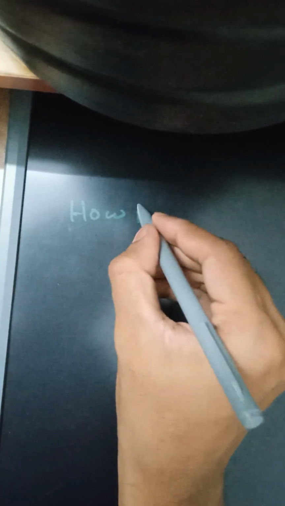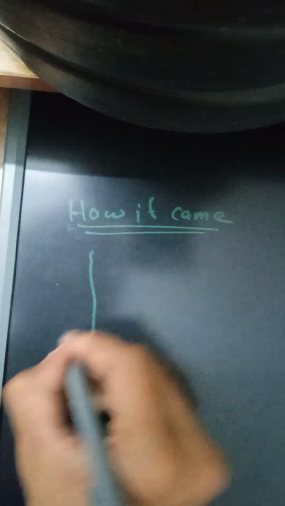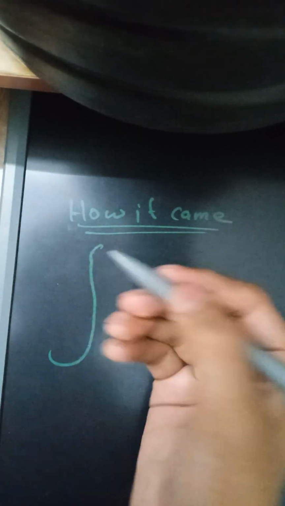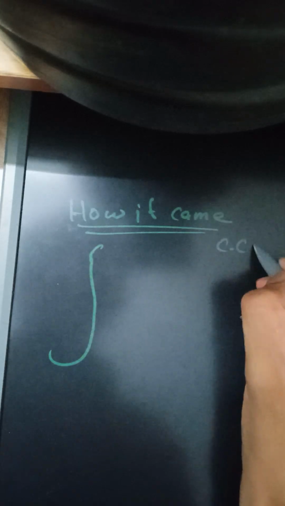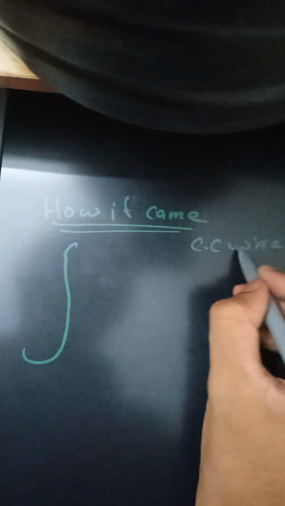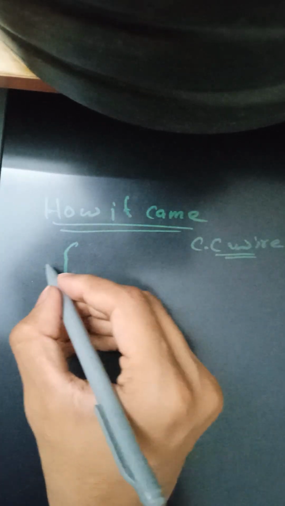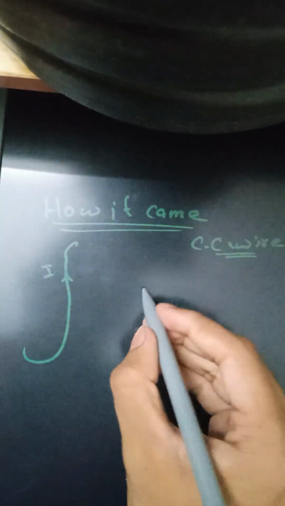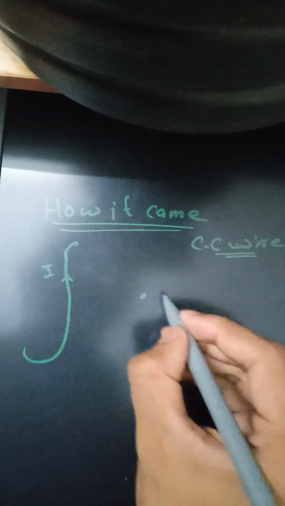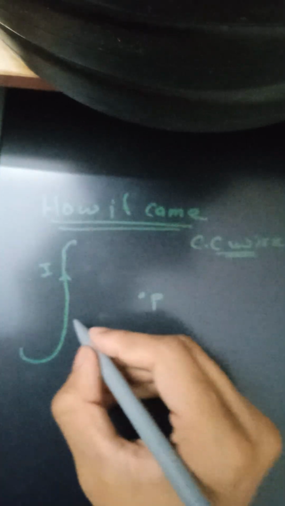So let's dive into the video. First we will see how it came. At the starting of the story, there is one current carrying wire, that is CC wire. In this wire there is a steady current flowing, and here a point P is there.